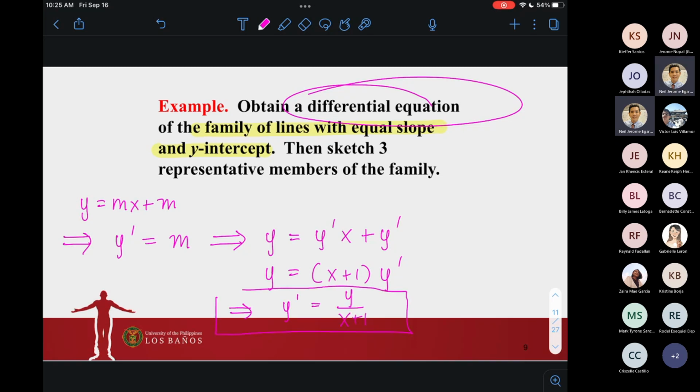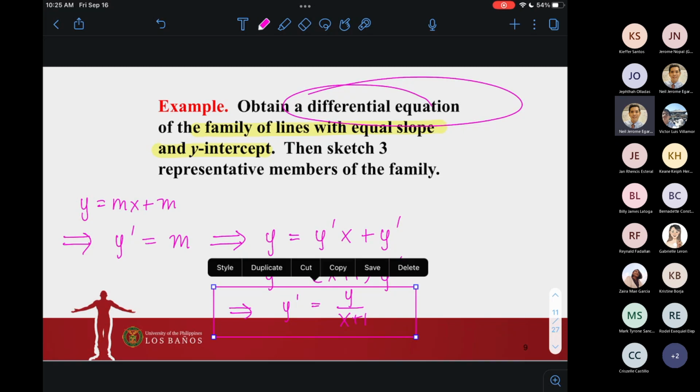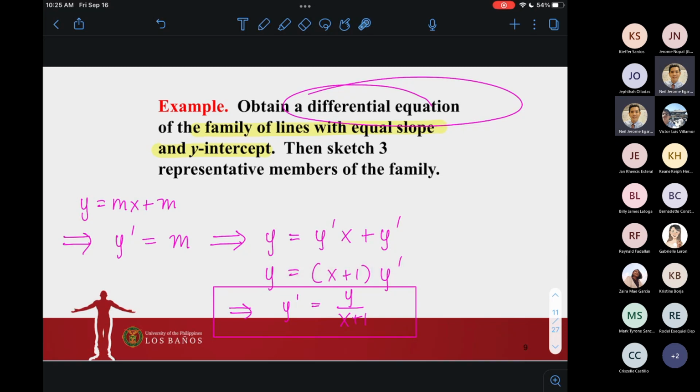So this is an ODE that represents our one parameter family. So meaning, if you solve this ODE, you will get lines of the form mx plus m as a solution, where m can be any real number. Okay? Are there any questions with this example?